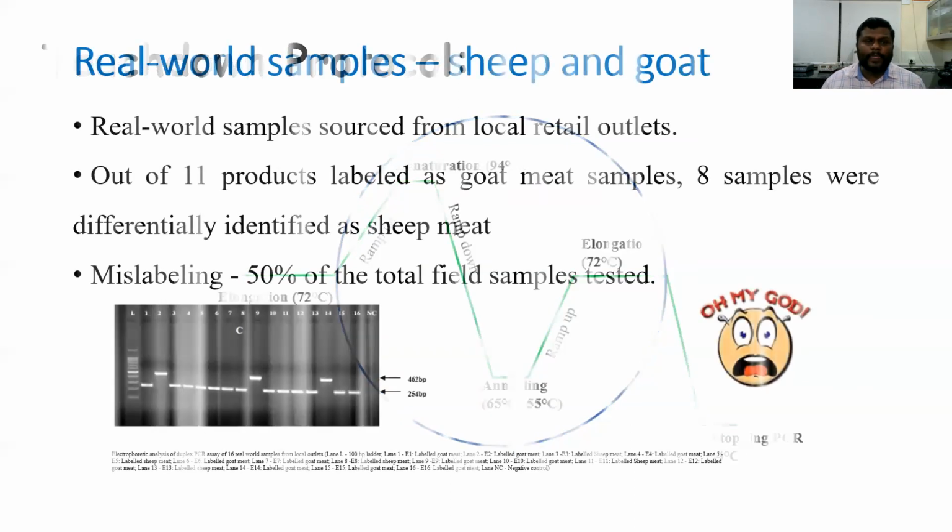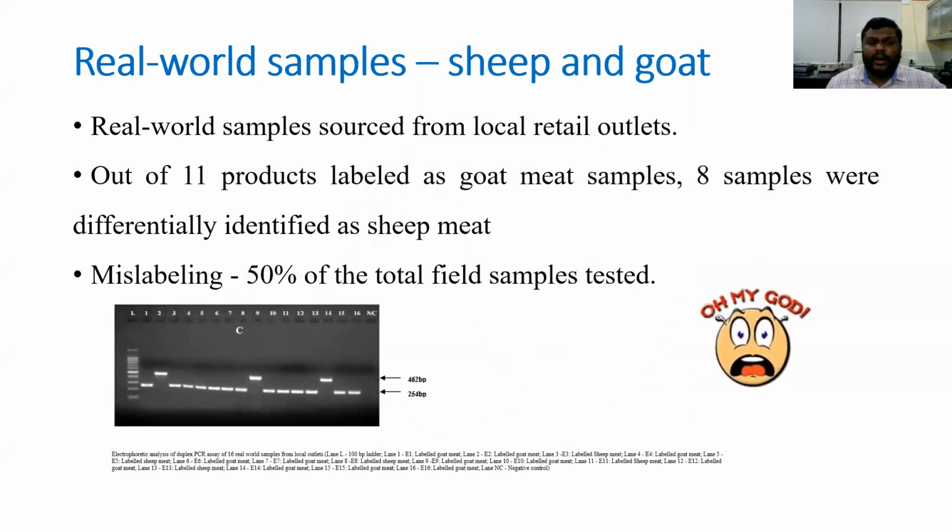Based on this, we have evaluated a few samples collected from nearby areas of Hyderabad. We evaluated many samples, and sometimes what is labeled as sheep may be goat, and sometimes what is labeled as goat may be sheep.